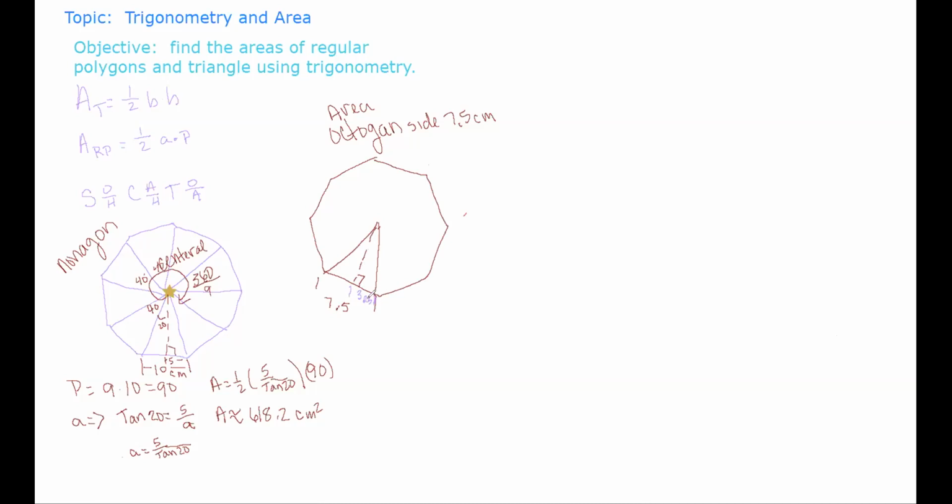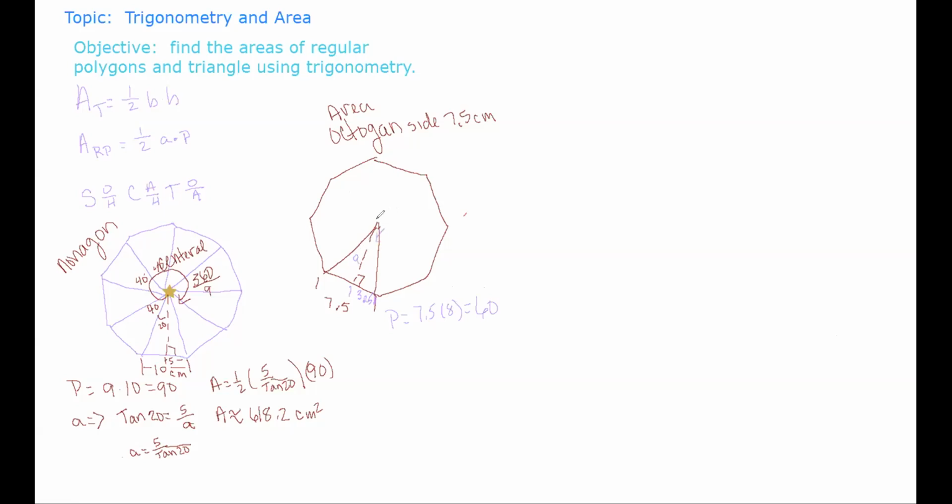So first let's just do the perimeter. The perimeter is going to be 7.5 times 8 because there are 8 sides, which is going to give you 60. And then I need to find A, that's this length right here. Oh wait, I need to find this internal angle first.